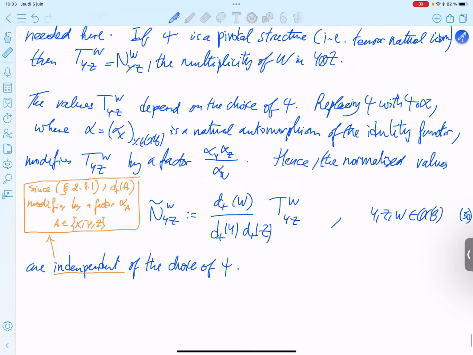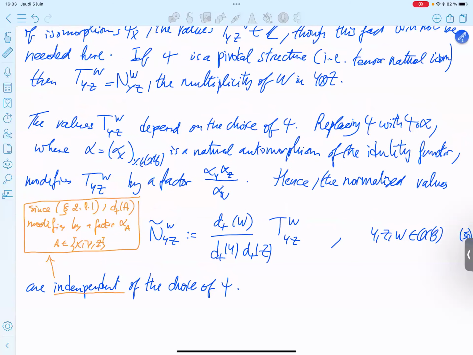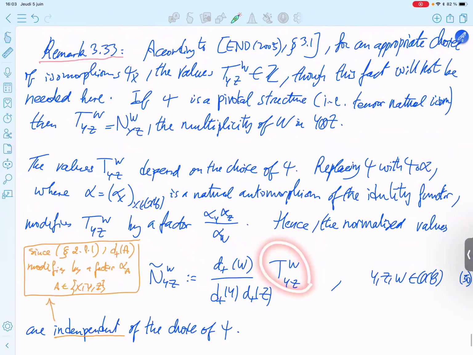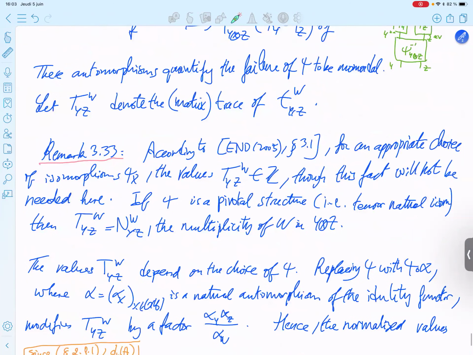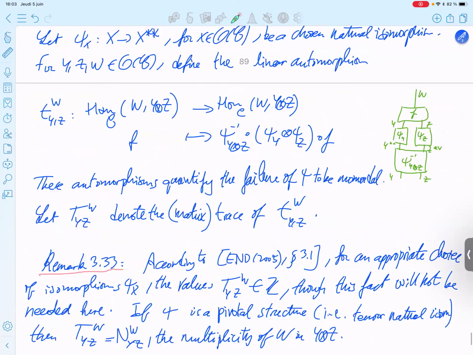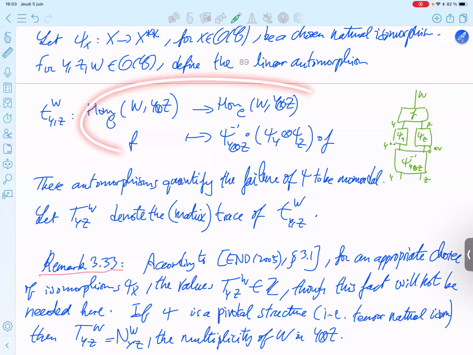So this number here is a multiple of this number here, but this number here is a trace of something like that here. In particular, if this Hom space is 0-dimensional, so if Y is not a subobject of that, then the trace of that is 0.